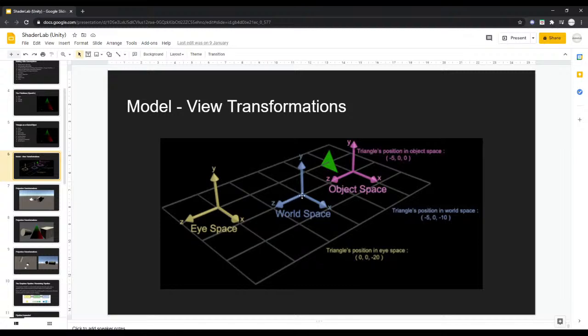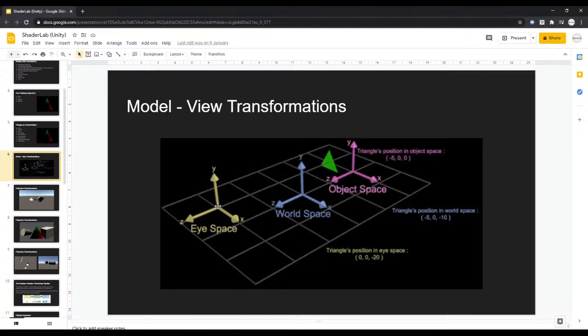That is called the origin of that specific world. When I refer to the vertex information with respect to the pivot of this triangle, it is the object's vertices, or the transformation is said to be in object space. When I refer to the same vertices with respect to the world, or the origin of the game engine, the vertices are in world space.